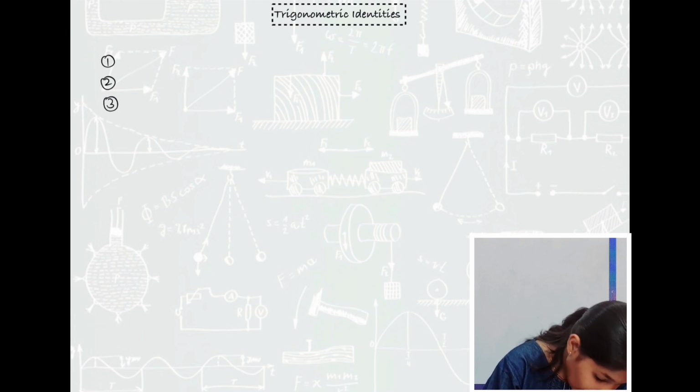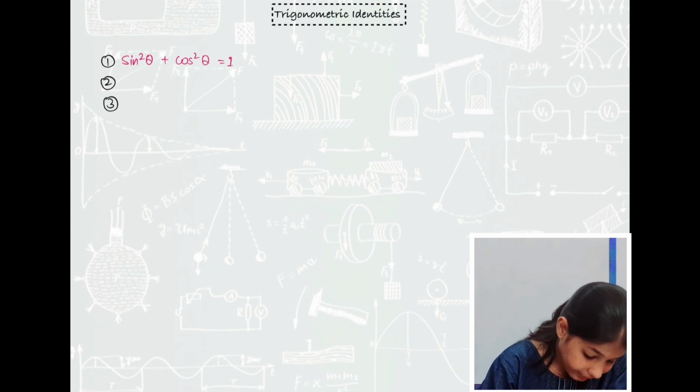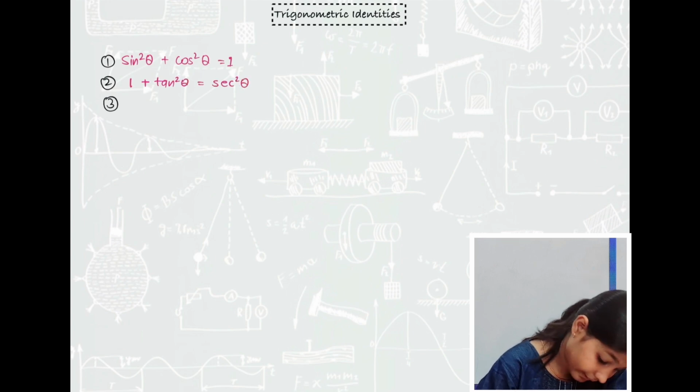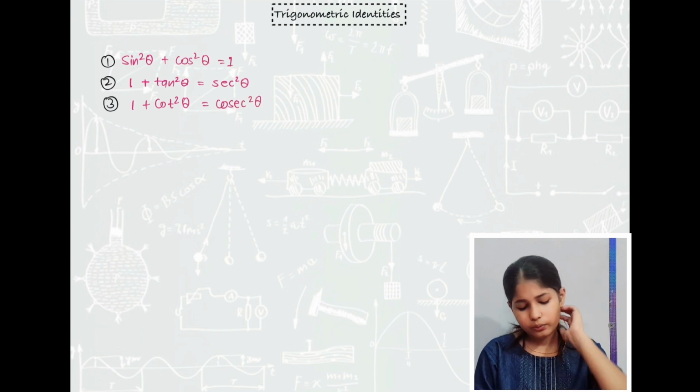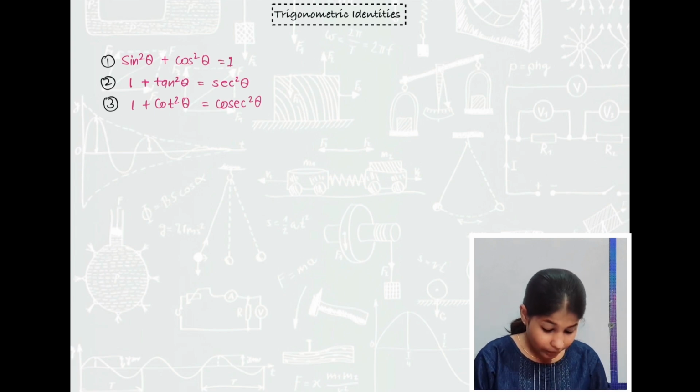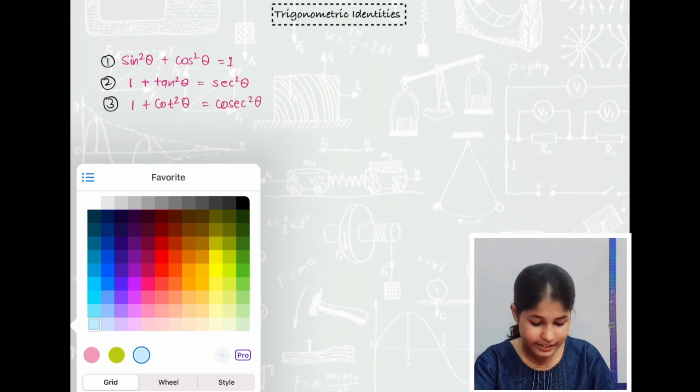Our first one is sine square theta plus cos square theta is equal to 1. Can you remember or not? It is very easy. Next is 1 plus tan square theta is equal to sec square theta. Next, 1 plus cot square theta is equal to cosec square theta. Now, these are very easy to learn, but I am also going to talk about a trick.